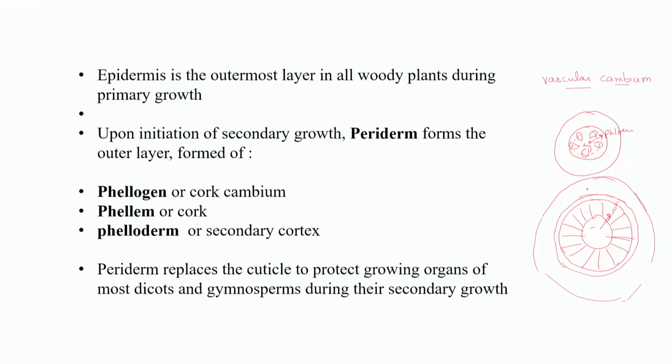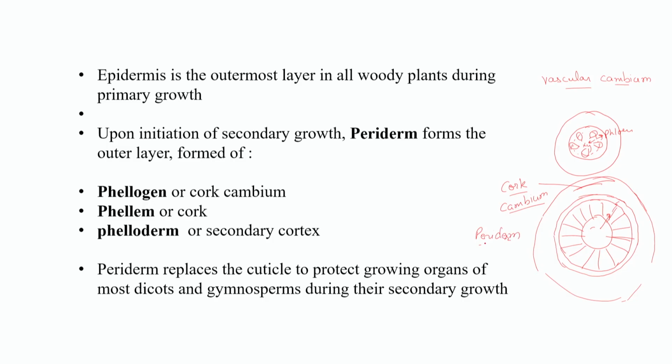That expansion will be taken care of by another cambium which is known as cork cambium. This cork cambium will finally give rise to a structure which is known as periderm.